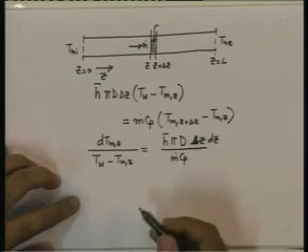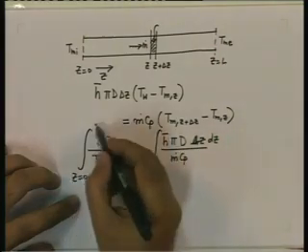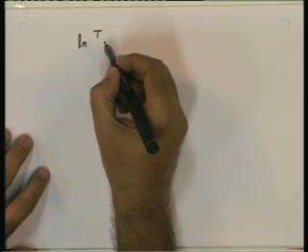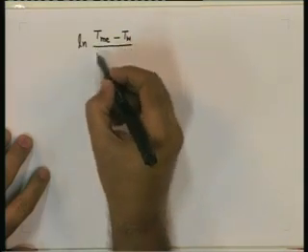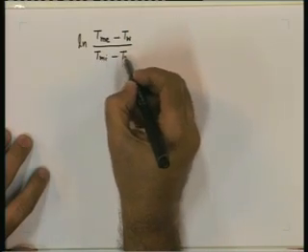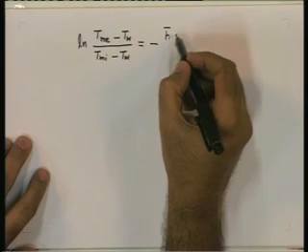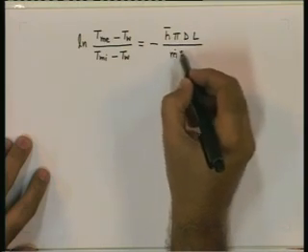Now we integrate either side from Z equal to 0 to L. The resulting equation is log of Tm exit minus T wall divided by Tm inlet minus T wall equals minus H bar pi d L divided by m dot Cp.